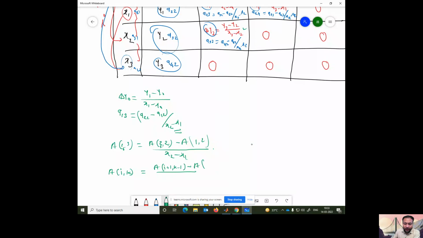If it is 1, it is 1, I; if it is 3, it is 2, k minus 1. This is one of the logics I can apply here, and the denominator is x I plus 1 minus x i. This is one of the concepts I can apply here.